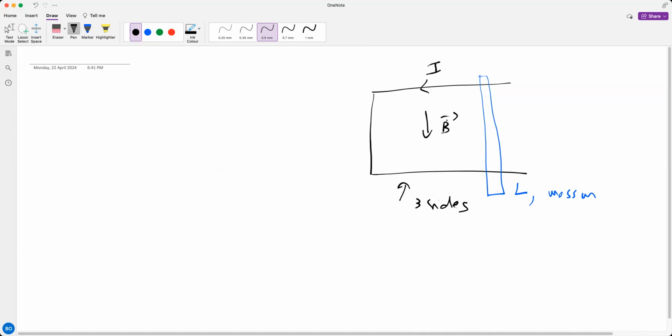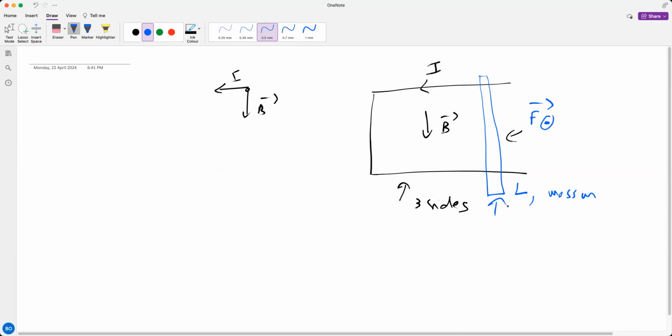I know that if I is in this direction and B is this way, this blue rod will be subject to a force, and this force will be out of the page.